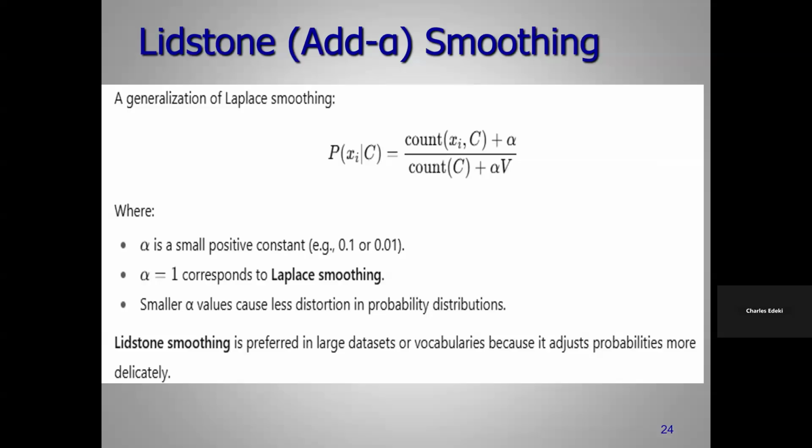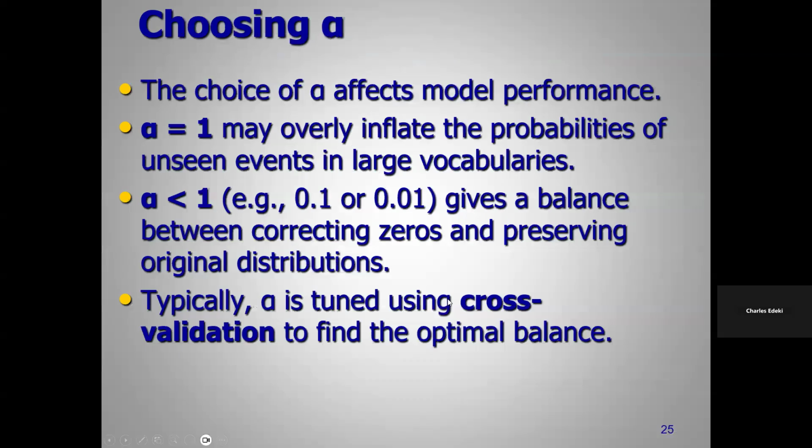So let's wait for a few seconds. If no question, let's go to the trade-off. Now, the choice of alpha affects model performance. As we said earlier, if it's 1, it overly inflates the probability of unseen events in large vocabularies.